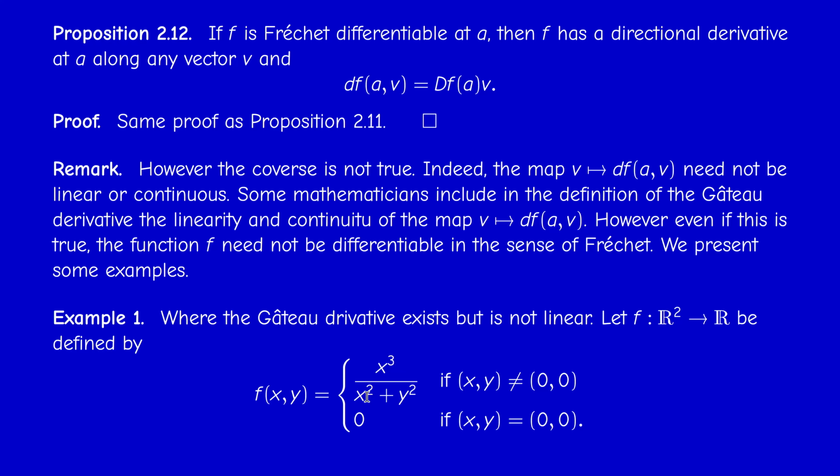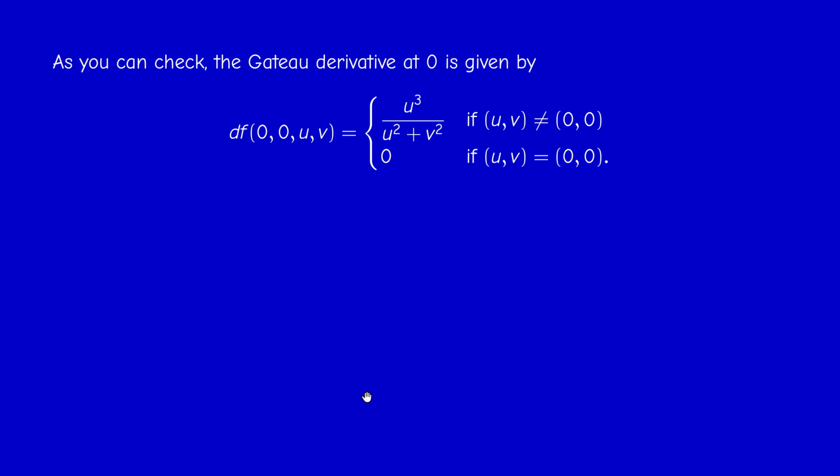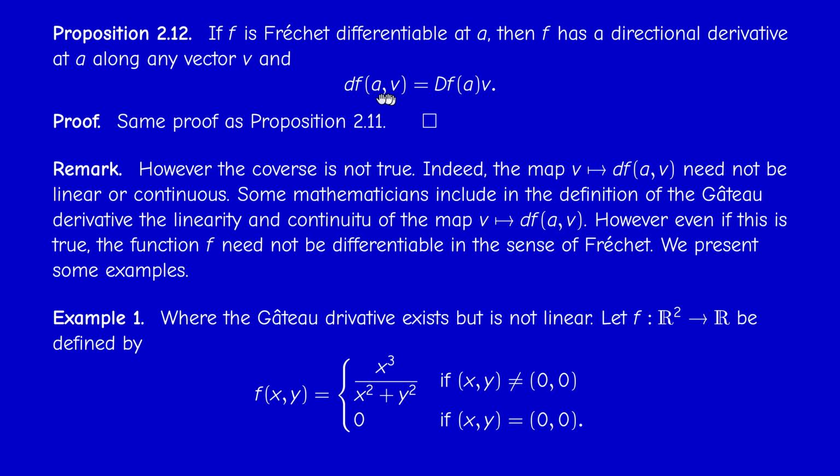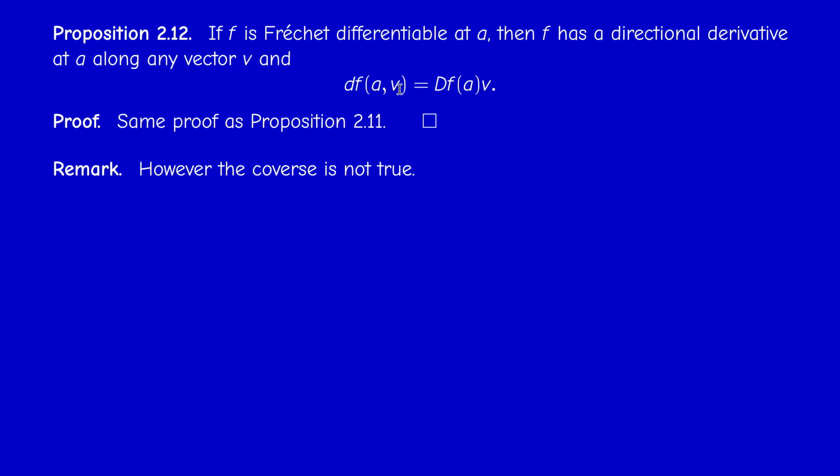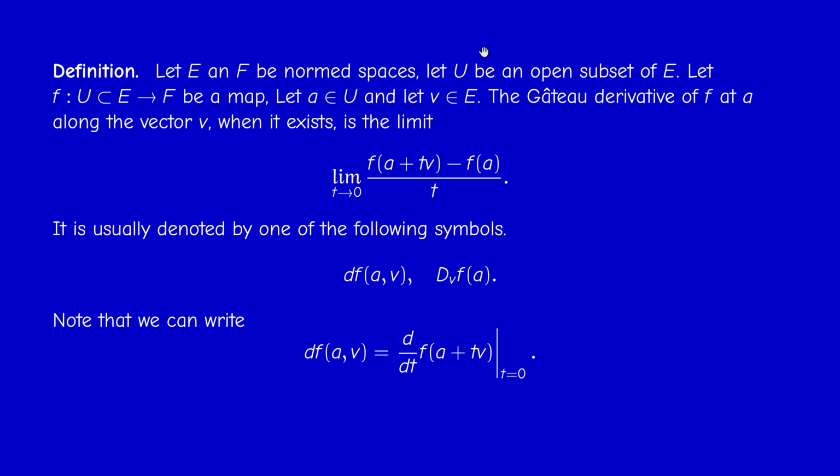When you simplify and divide by t, you will get this function. If the increment is 0, of course, it's always 0. By the way, df at a of 0 is always 0 by definition, because if you go back to the definition, when you put v equals 0, you just get 0. So this is not interesting. The Gateau derivative along the increment 0 is 0.